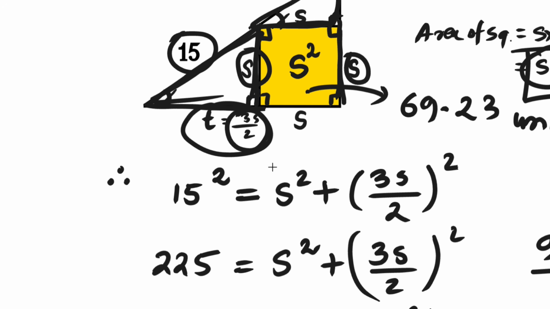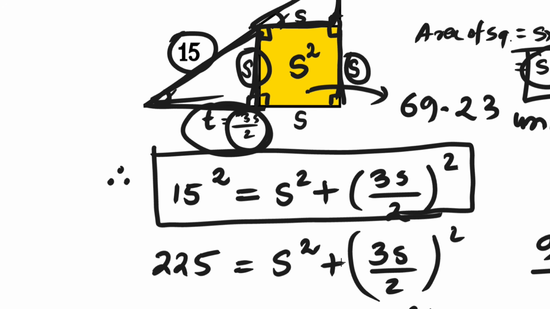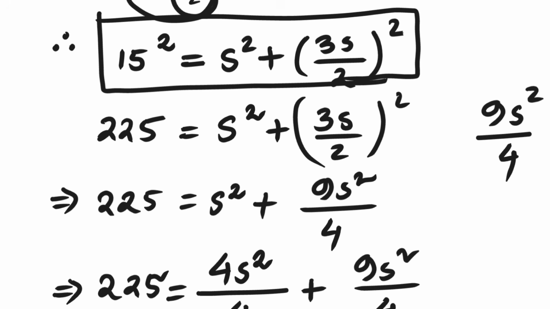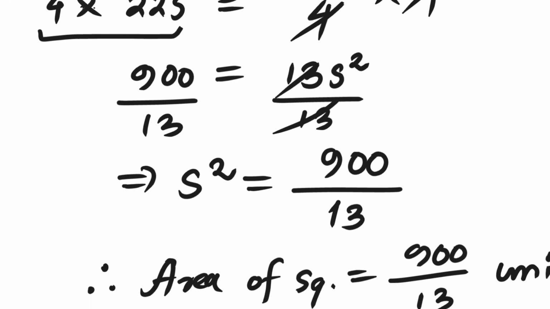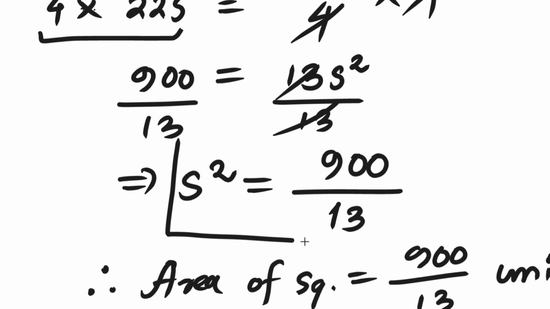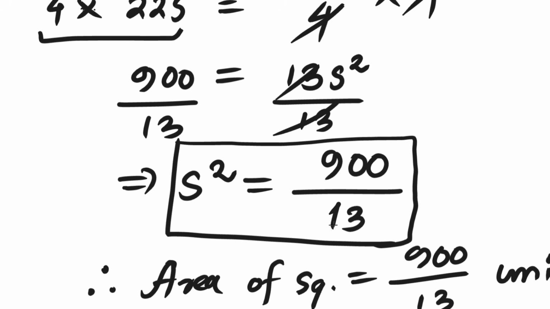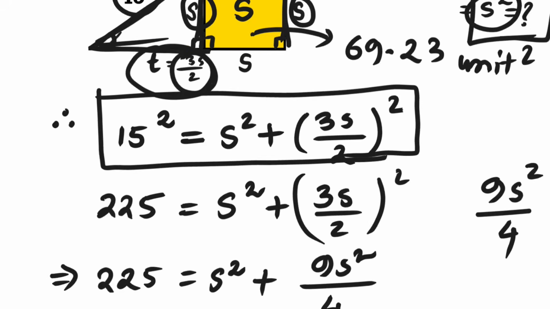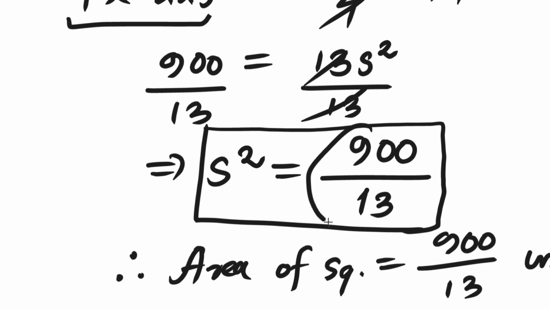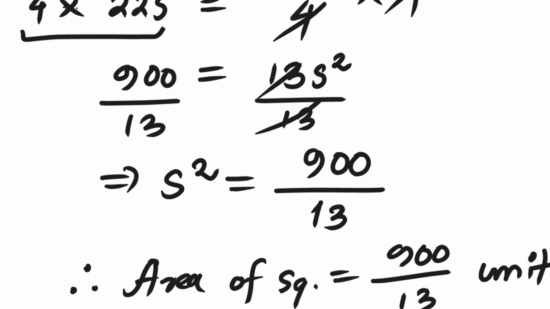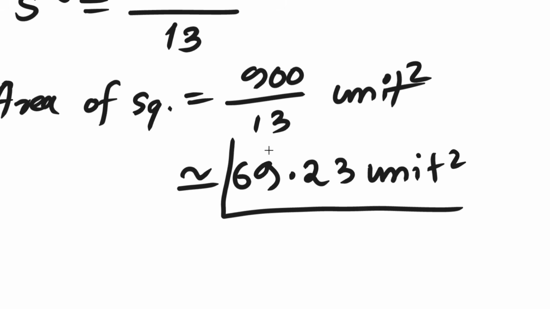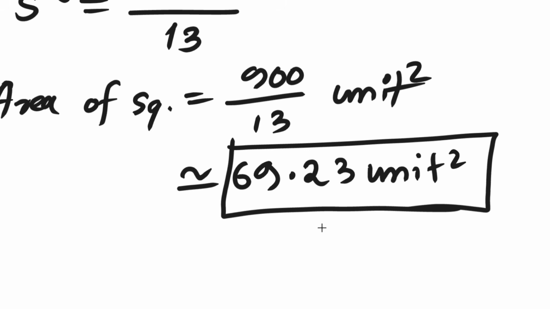After that, we applied the Pythagorean Theorem to the left right triangle, substituted the known expressions, simplified the equation, obtained 900 equals 13s squared, and finally found that s squared equals 900 divided by 13. Since the area of the square is s squared, the area comes out to be 900 divided by 13 square units, or approximately 69.23 square units. That's the complete solution.